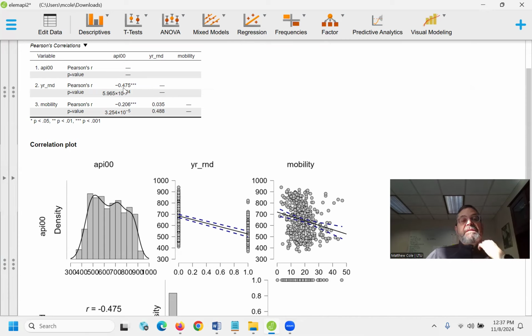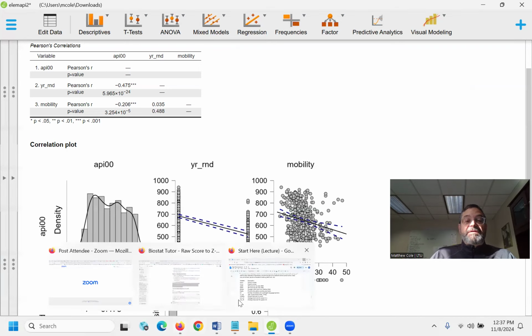I think we talked about that in the last lecture. That's because if schools are open year-round, that really means that kids need to be going to summer school. They didn't make it through the school year. So their academic performance was not well during the school year. And it's flagged with 3 asterisks, which means that's a very significant correlation. It's significant at the 99.9% level of significance.